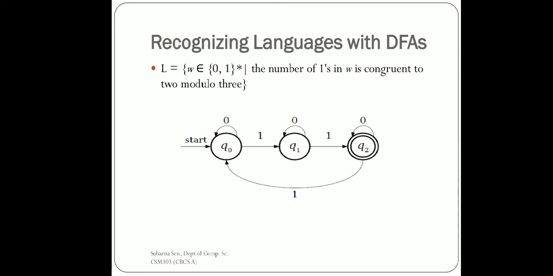If it is 5, it will be accepted, right? Then if it is 8, it will be accepted. In this fashion it is going to move on, because if we divide 2 by 3, my remainder will be 2, right? If we divide 5 by 3, it will be 2. If we divide 8 by 3, my remainder will be 2.